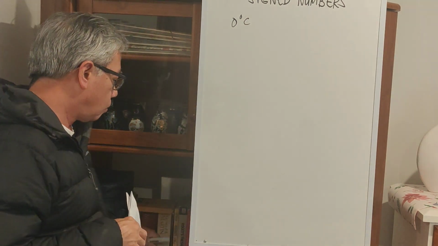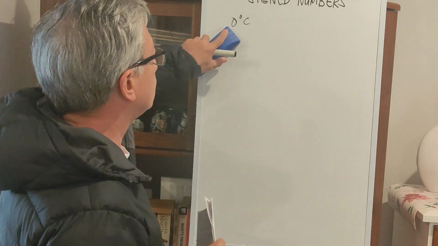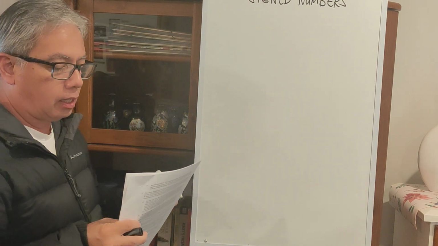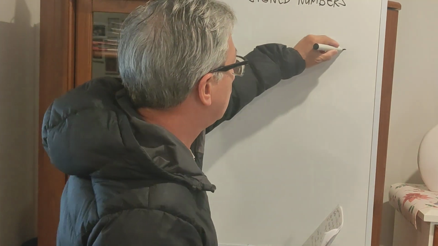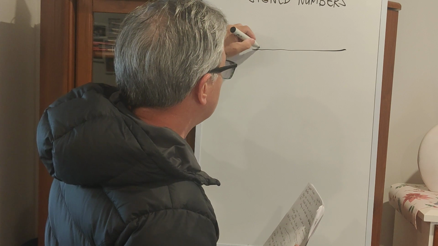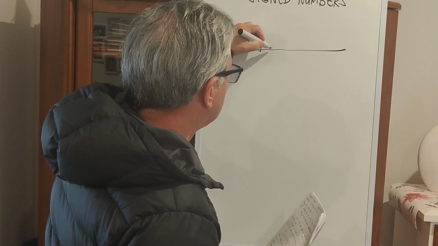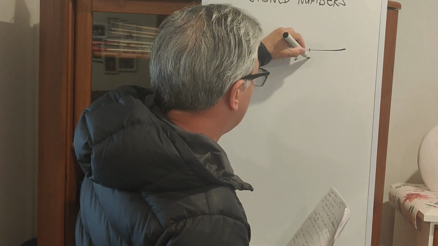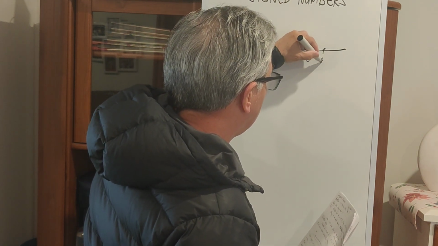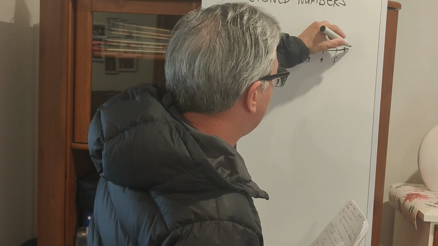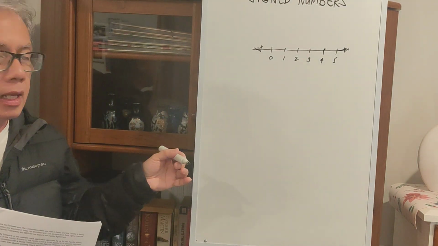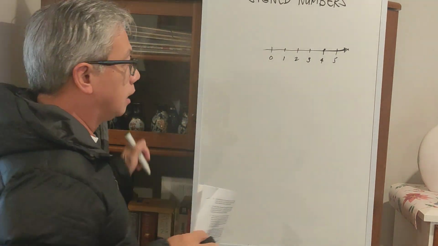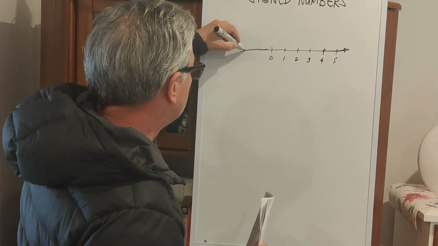Another way to show negative numbers, signed numbers, is the number line. Before, it used to be from 0, 1, 2, 3, 4, and 5. But now that we have negative numbers, we will be extending the number line to the left.